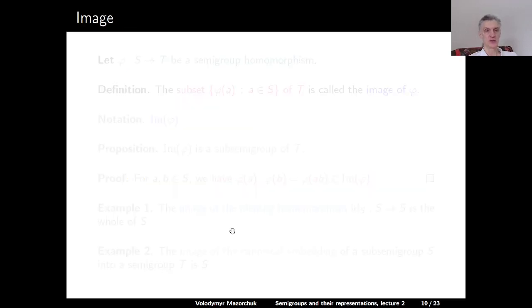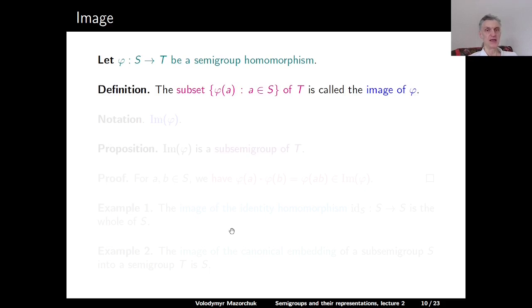Now we can talk about the image of a homomorphism. Let phi be a semigroup homomorphism from S to T. Definition: the subset of all elements of the form phi of A, where A is an element of S, that's a subset inside T, is called the image of phi, and is denoted by im of phi.